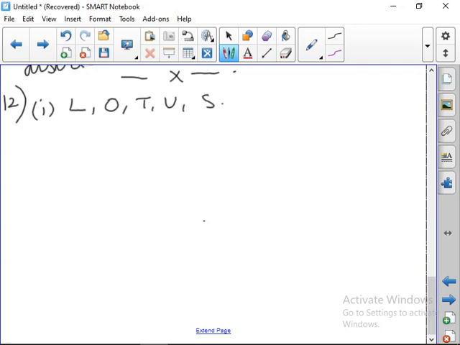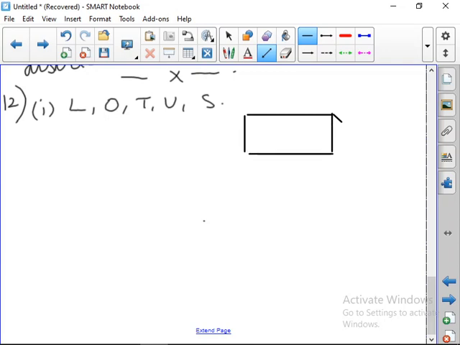So there are 5 letters. So these letters, we'll put it in boxes. 1, 2, 3, 4, 5.